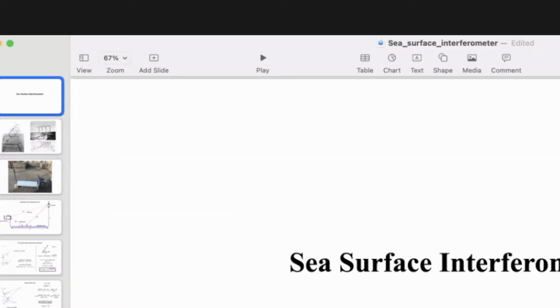So today we are going to discuss another experiment, which is the sea surface interferometer, and you will see why it is called a sea surface interferometer.